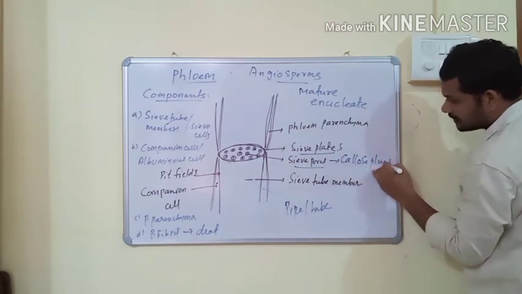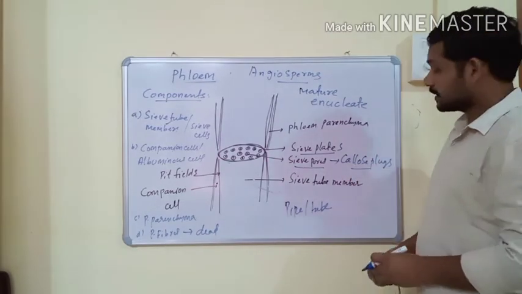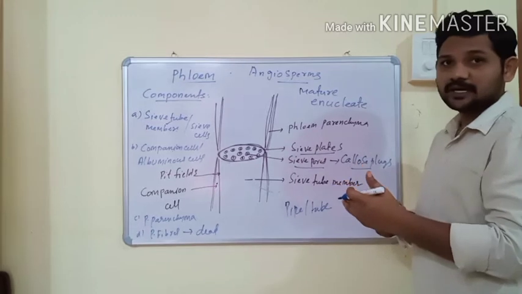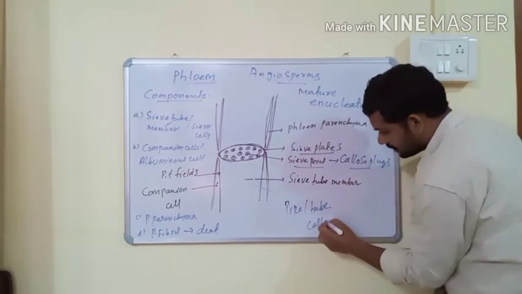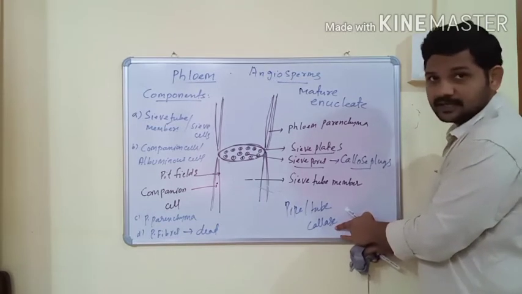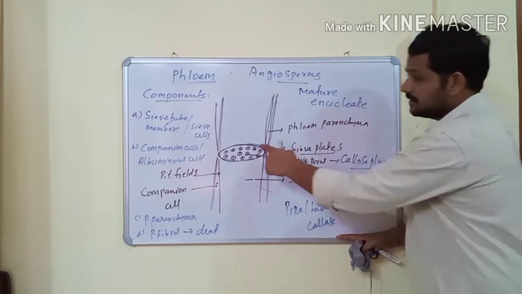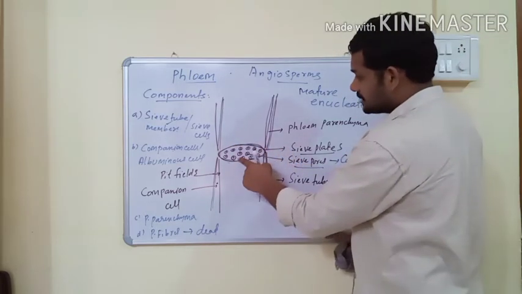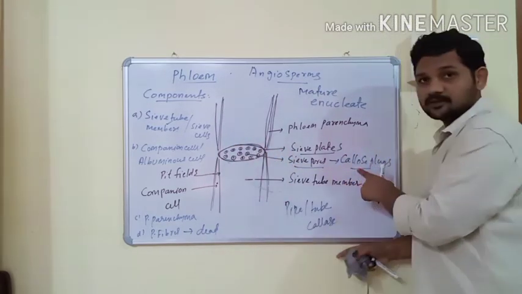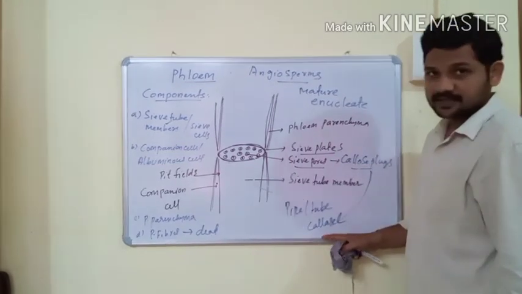Callose is a chemical substance, and it is dissolved by an enzyme known as callase. So sieve plate has many sieve pores, sieve pores are surrounded by callose plugs, and callose plugs are dissolved by callase.